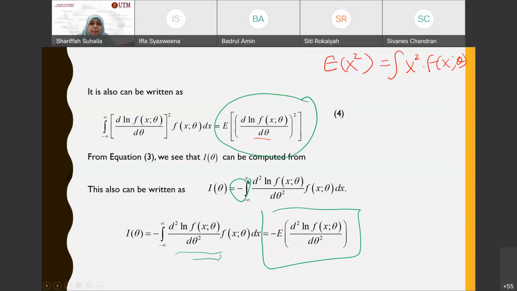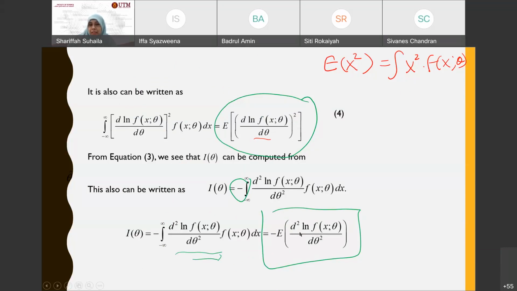And then we go back to equation 3, and we can also express I(theta) in terms of the negative of d squared ln f(x; theta) over d theta squared. Since you have d squared ln f(x; theta) over d theta squared multiplied with your probability function, it can also be written in terms of your expected value.